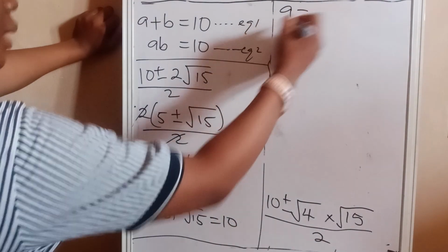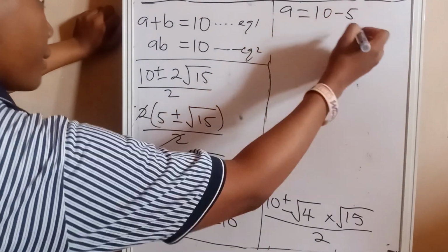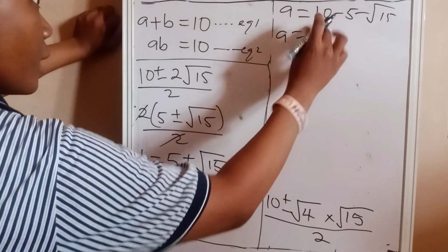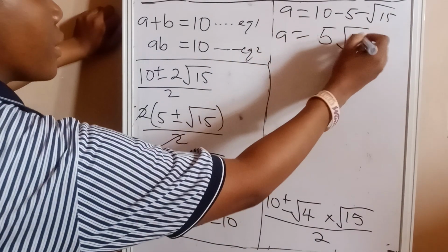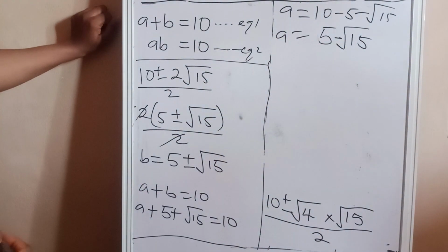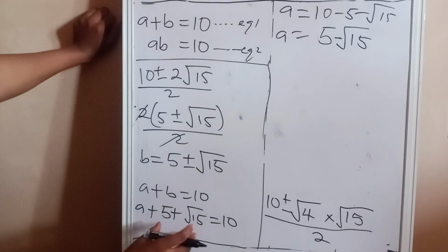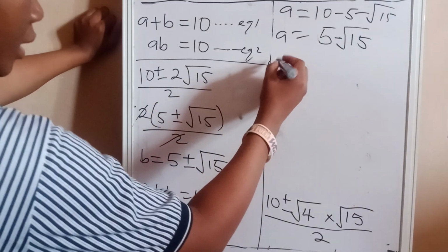I'm going to move all these numbers to the other side, so we have minus 5 minus root 15. So we have a equals 5 minus root 15. In the same way, if I use 5 minus root 15 for b, I'm going to get 5 plus root 15 for the value of a.